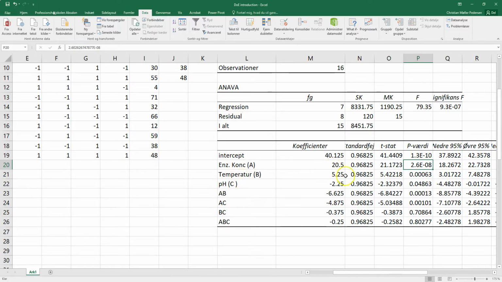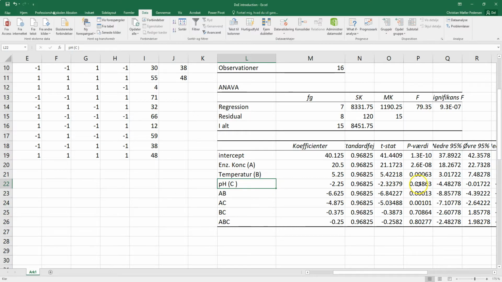The temperature is also a significant factor here. It's smaller, but yet it's there and it's significant and it's positive. So that means increasing the temperature by 1 degree would increase the yield by 5.25. And in this case, we're talking percent because the yield is measured in percent. Also, the pH is at 5% significance level.